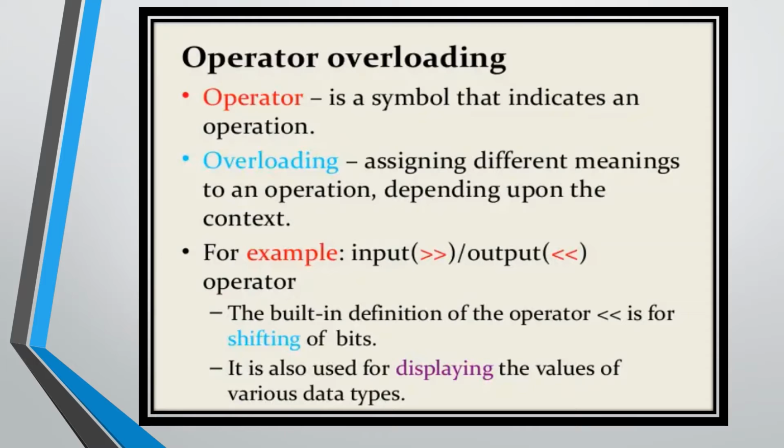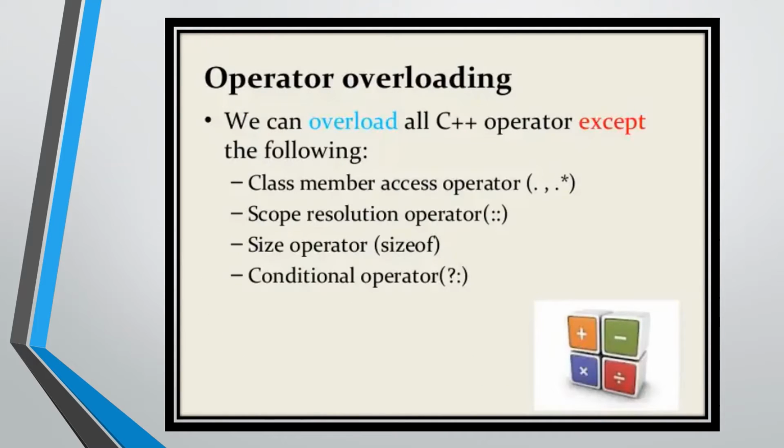As we know, there are different mathematical operators that we can use for different purposes, but as we do the operator overloading concept, some operators are there that we cannot overload. For example, the class member access operator, that is the dot operator.